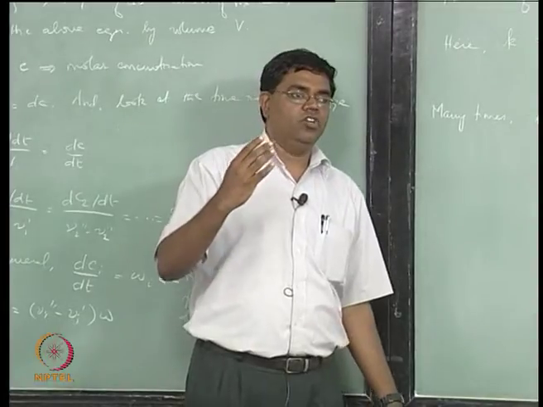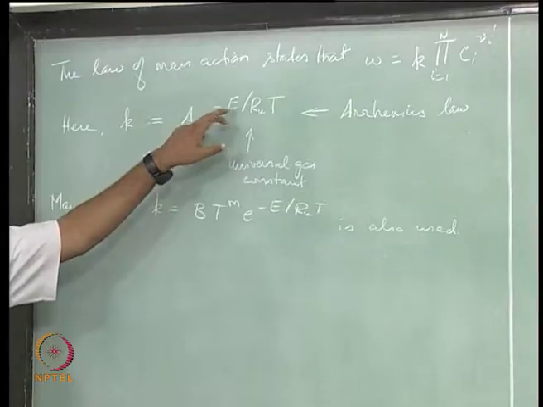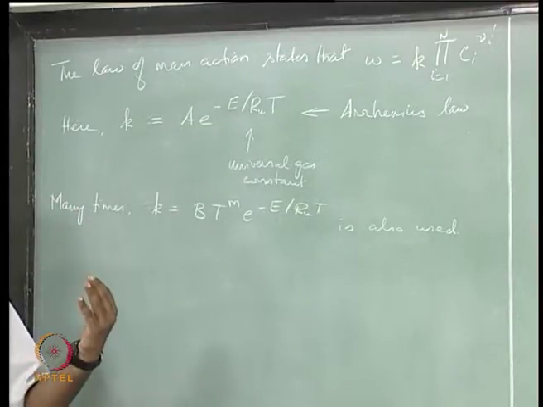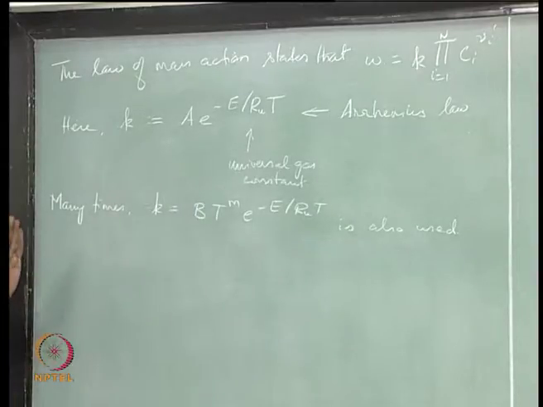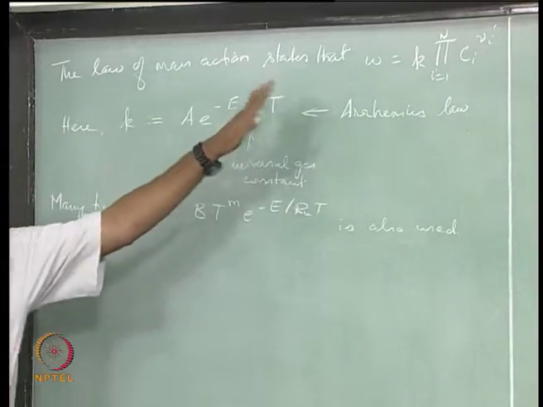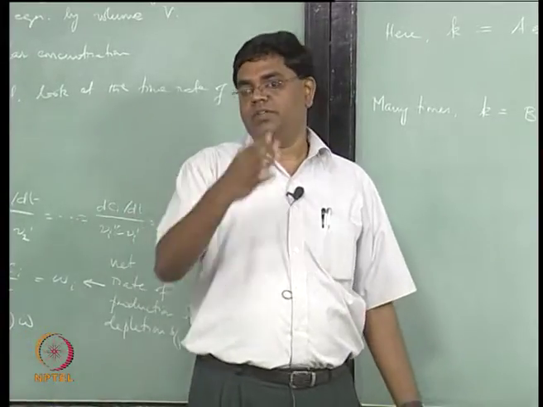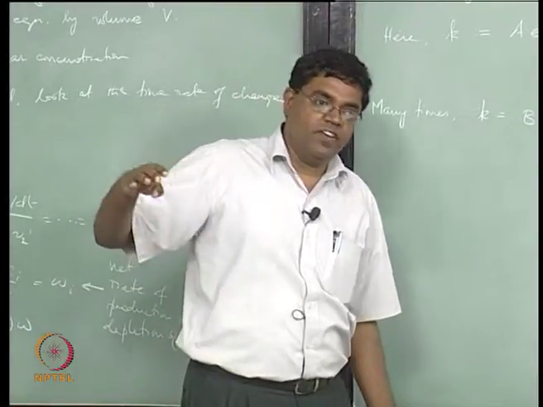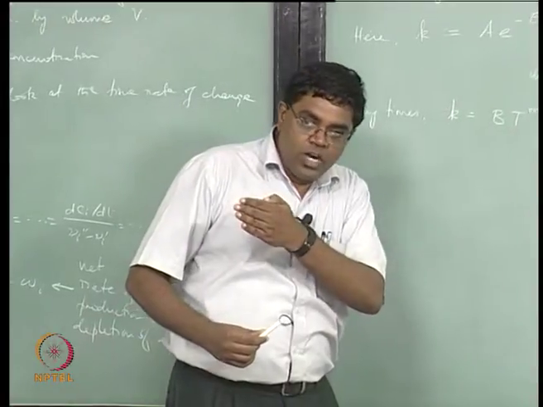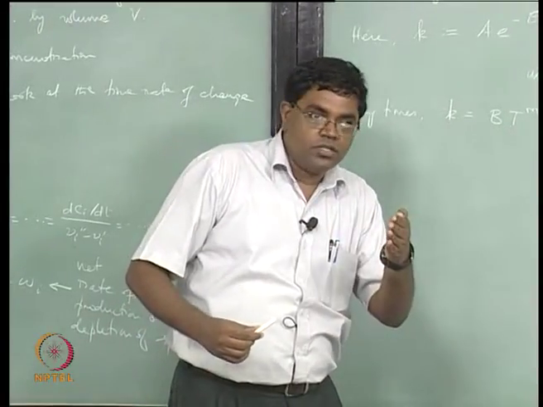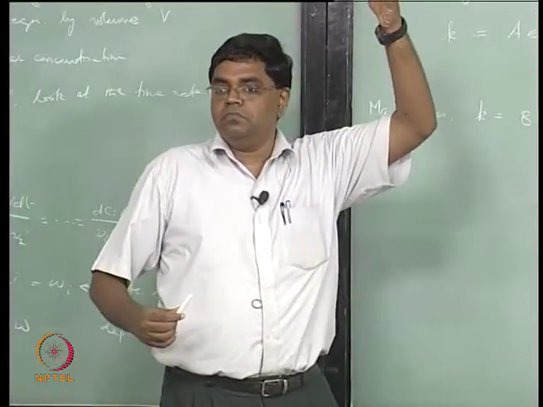Depending upon the value of E, when E is larger and larger, the dependence of k, or the reaction rate in general, on temperature becomes more and more nonlinear, so it becomes very sensitive to temperature. That means it doesn't change over a fairly wide range of temperatures, but once you cross a certain threshold temperature, it just goes boom.